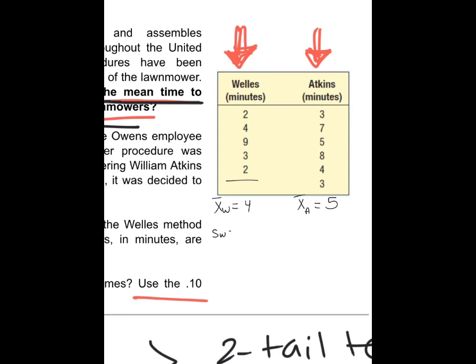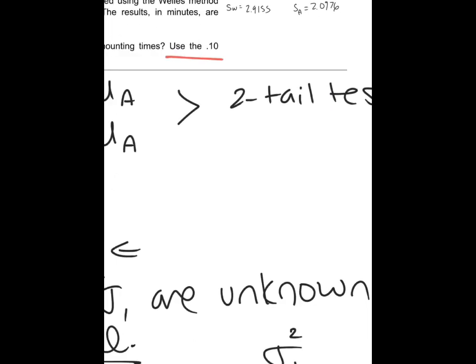When we calculate the standard deviation using the standard deviation equation, we get that the standard deviation for Wells is 2.9155 and the standard deviation for Atkins is 2.0976.